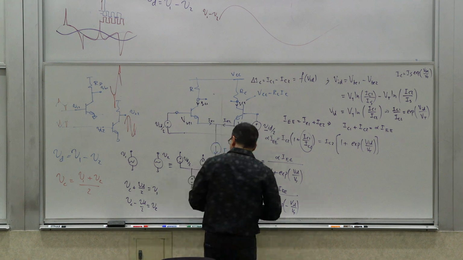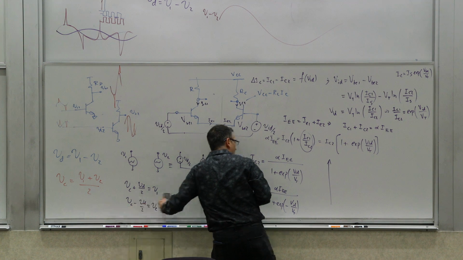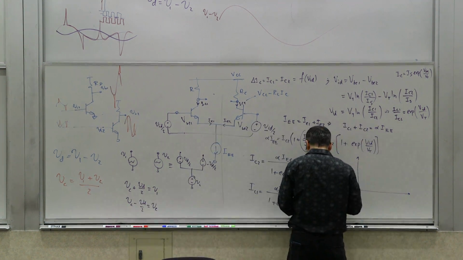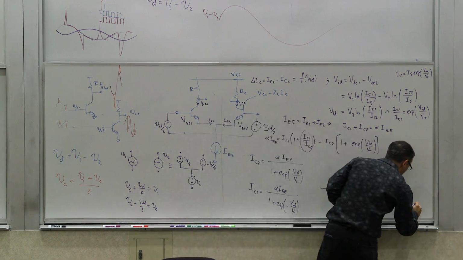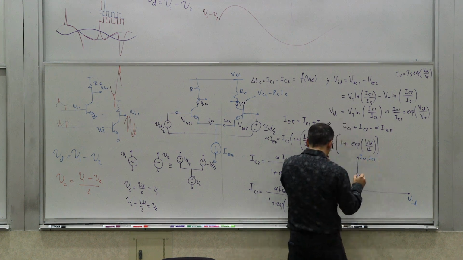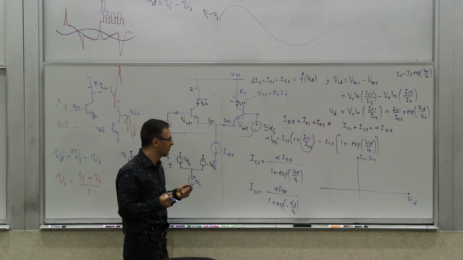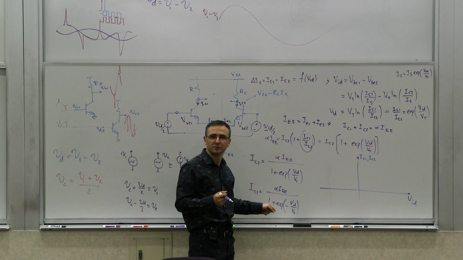And if you plot these, what you will see, if you actually look at it versus VID, it's relatively straightforward to plot these, right? Let's say this is VID, and this is IC1 or IC2. So when VID is 0, there's no differential voltage. What do you get? This exponential is 1. This is 1, so you get 1/2, 1/2.